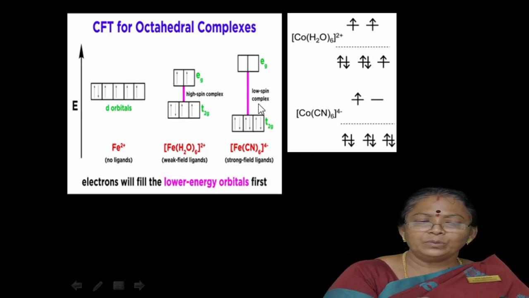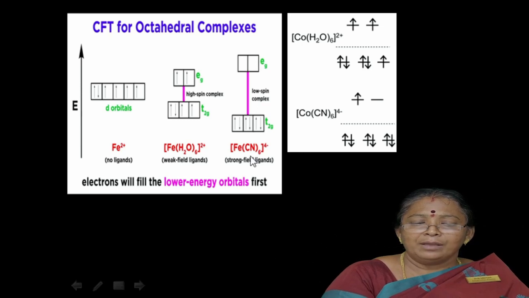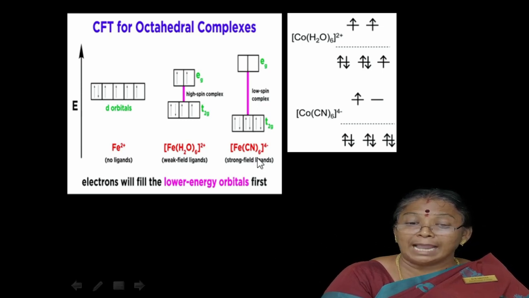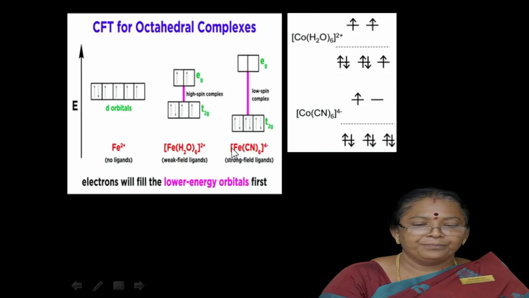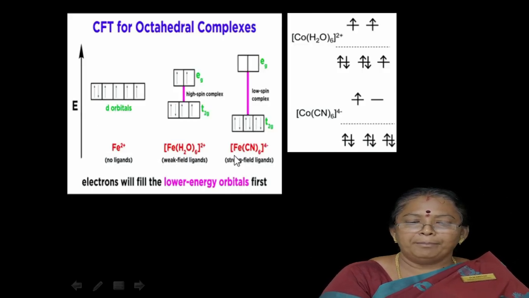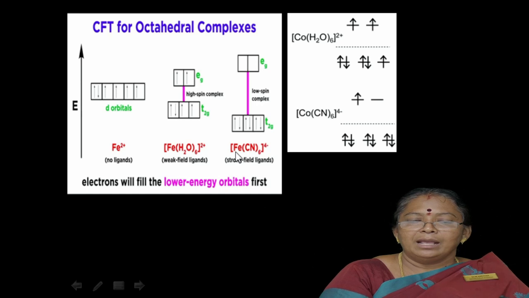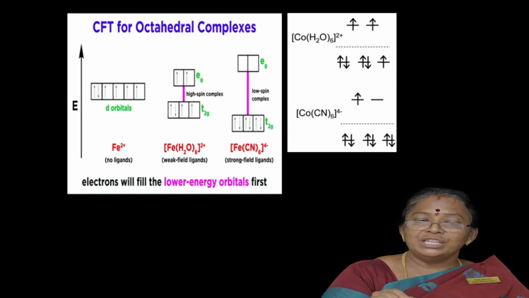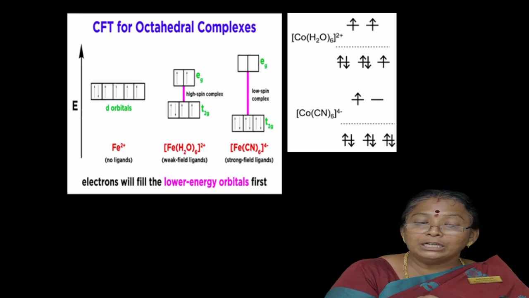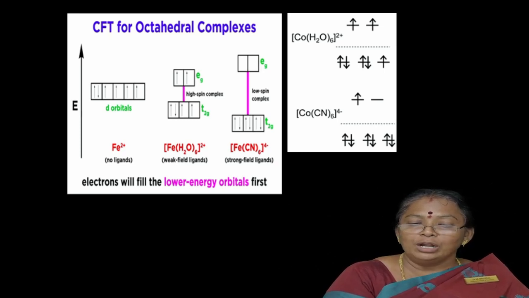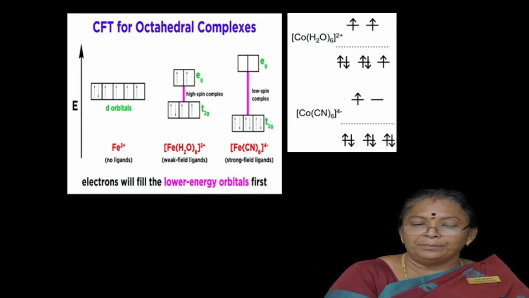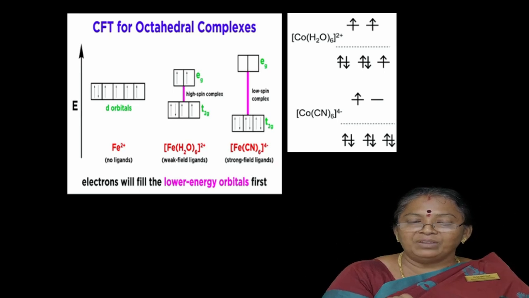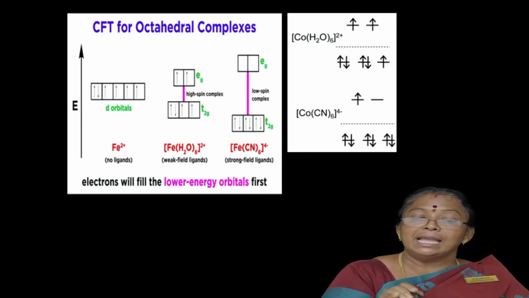Unpaired means the electrons are singly filled. When a strong ligand like cyanide approaches the metal atom, a somewhat large energy gap is formed because of back donation from the strong ligand to the metal atom, and the energy gap between the T2G and Eg is increased.